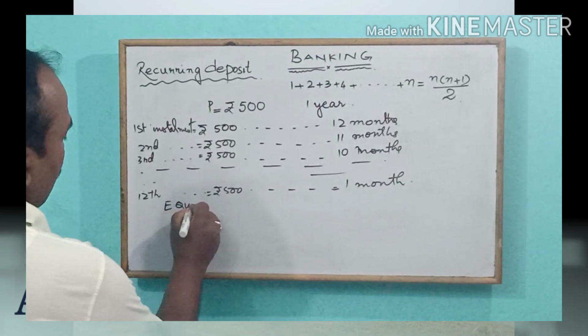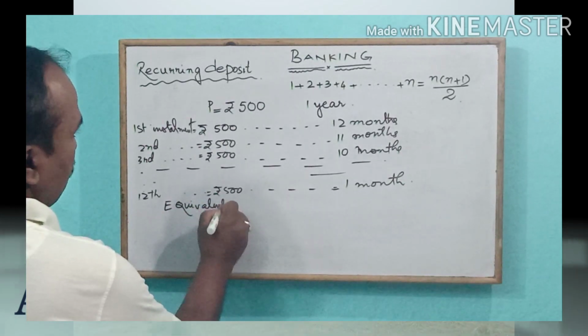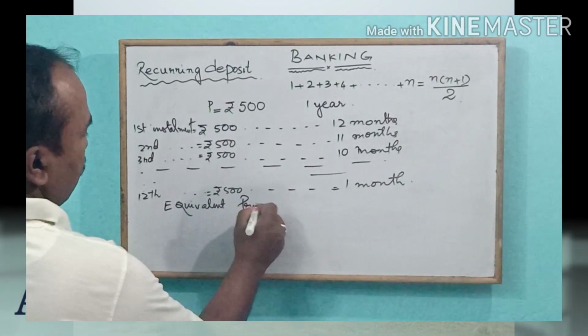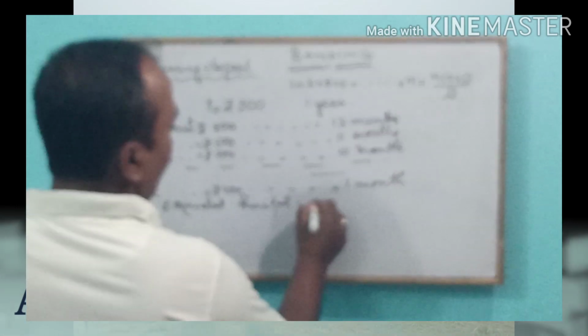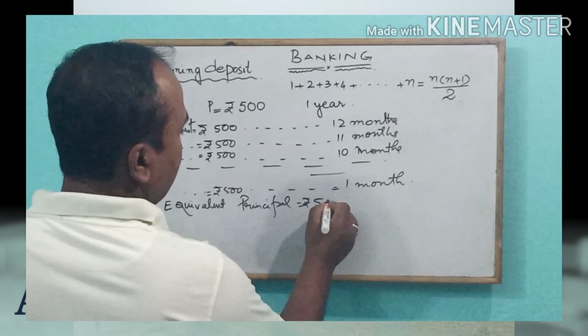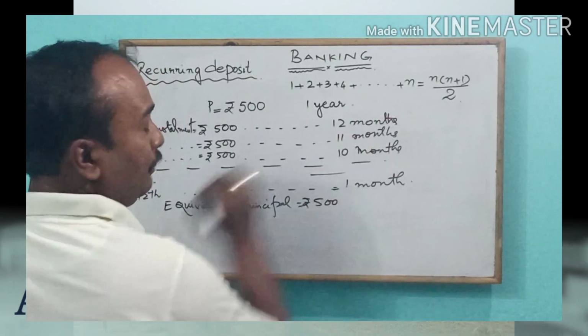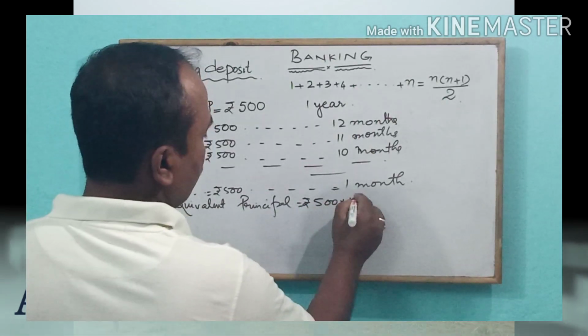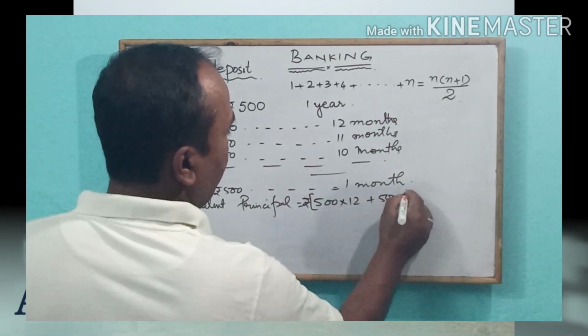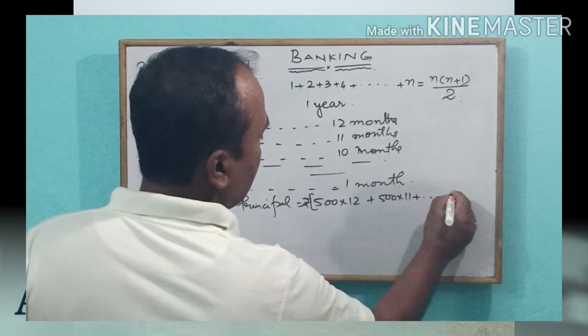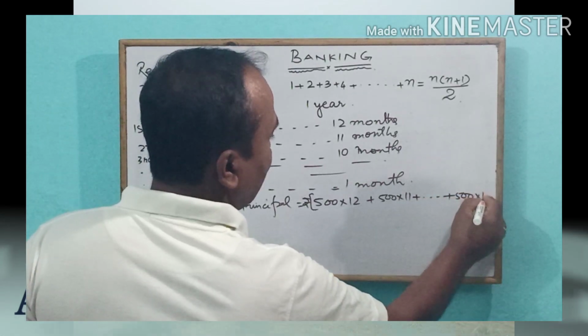So equivalent principle is equal to rupees 500 into 12 plus 500 into 11, and so on up to 500 into 1.